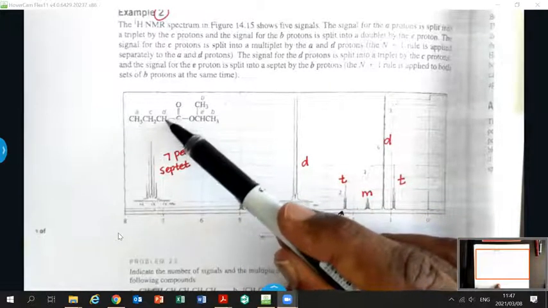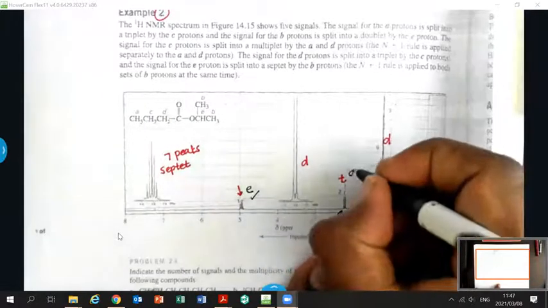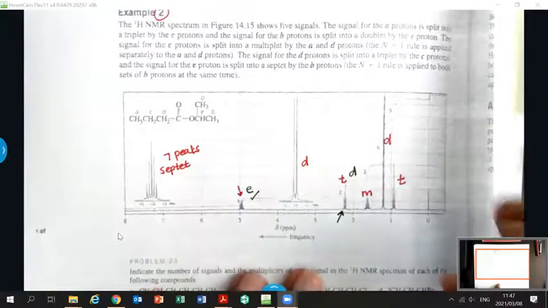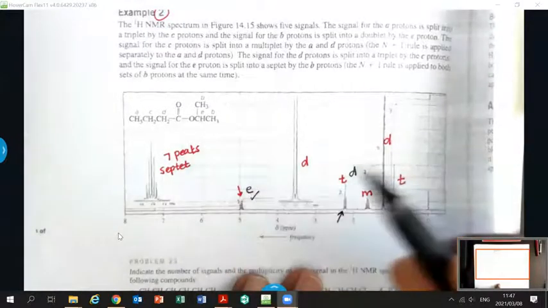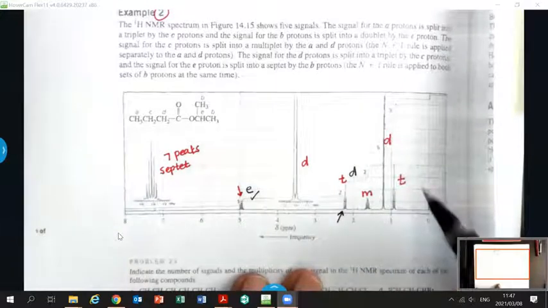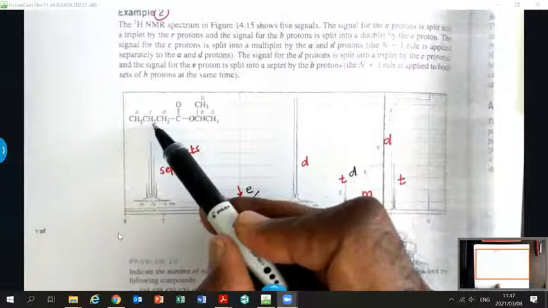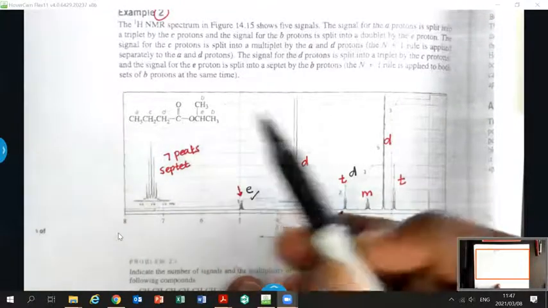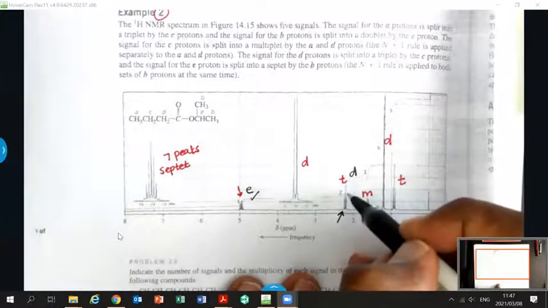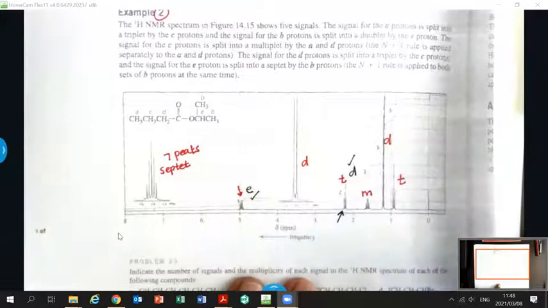So this CH2 group that you find here for D, I suspect this might be D. Let's see if I'm right. I look at the integration, it matches, 2 and 2. And then I look at the splitting pattern. The CH2 group is next to another CH2 group, which makes it a triplet, right? 2 plus 1 is 3. And this is a triplet. So I can be confident that that is D.